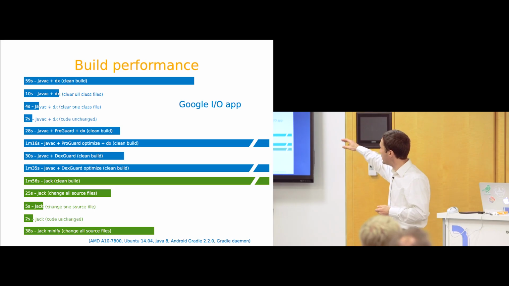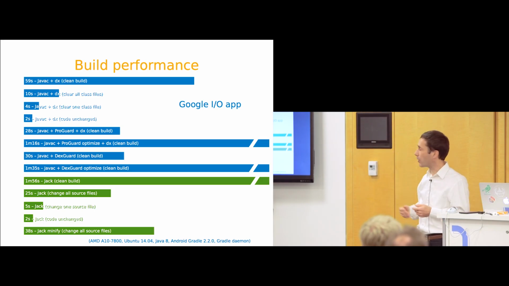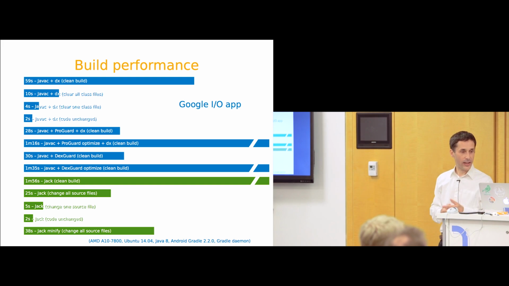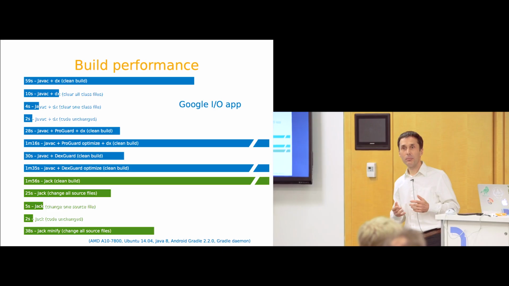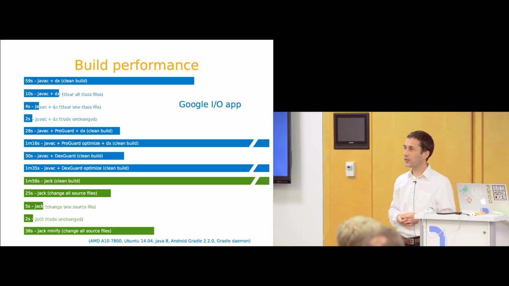I've also compared it to DexGuard, which provides similar build times as ProGuard, a bit longer because there are more optimizations. And then in green, I've added results for the Jack toolchain. Also somewhat surprising, perhaps, with the Jack toolchain, the initial clean build is quite slow.